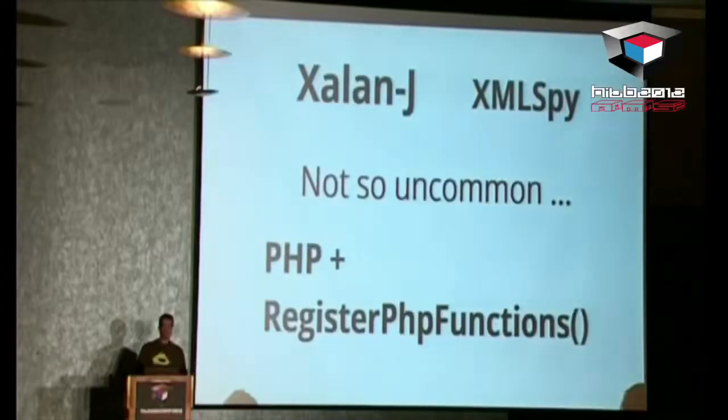For example, in Xalan by default, you can execute Java code if you can execute XSLT code. In PHP, you can execute PHP code if the registerPHPFunctions is called. And in XML Spy, which is client-side software we use for generating or creating XML files, you can by default execute .NET or Java code.